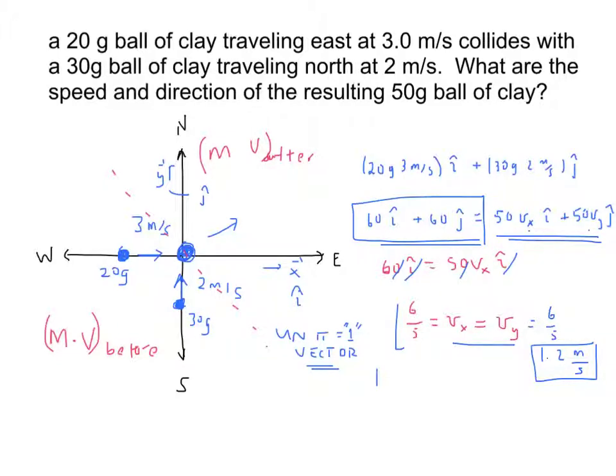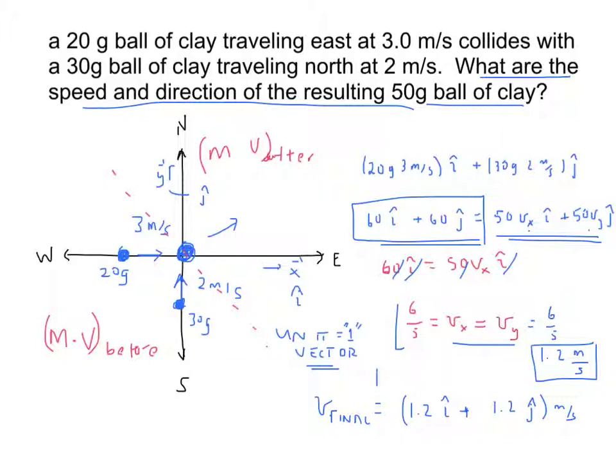Now they're asking what are the speed and direction of the resulting 50-gram ball. Well, we now know the final velocity looks like 1.2 i plus 1.2 j meters per second.